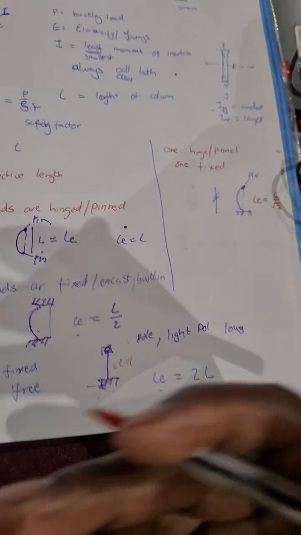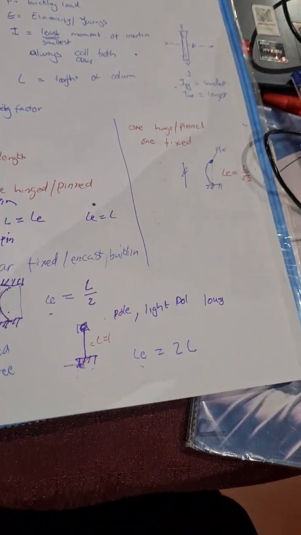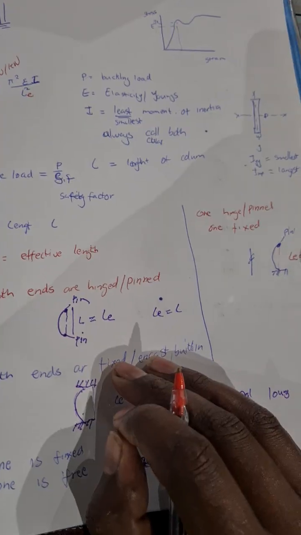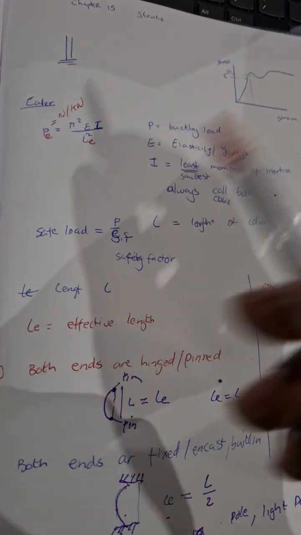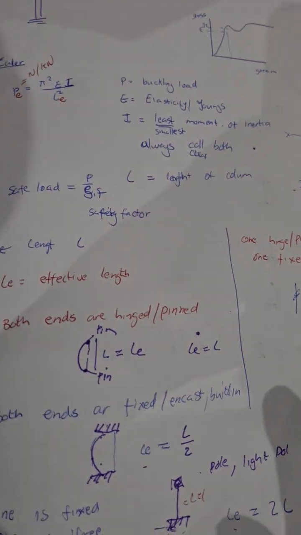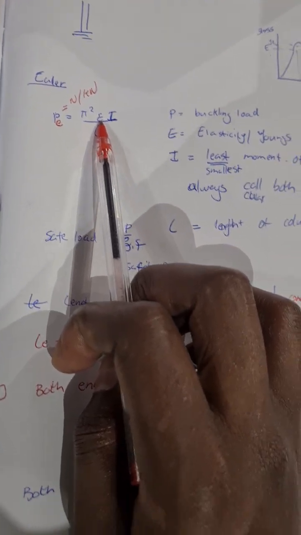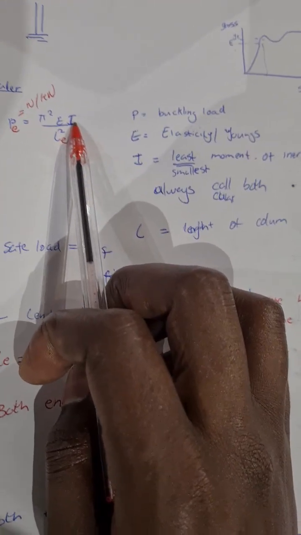Is this thing hard? Basically, my good people, Euler is just direct substitution. Whatever question you get, most of the time you'll be given E. Obviously, I told you this is the elastic modulus.